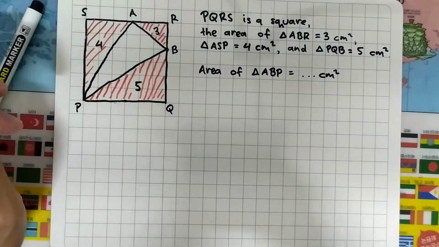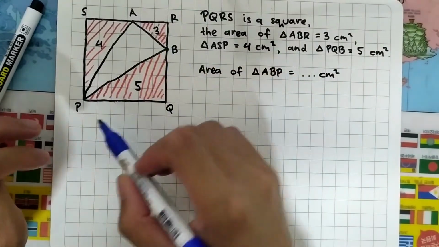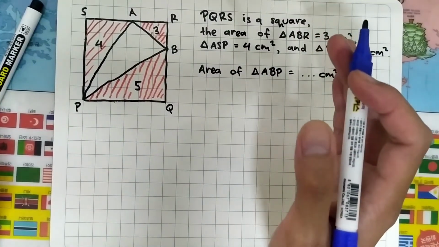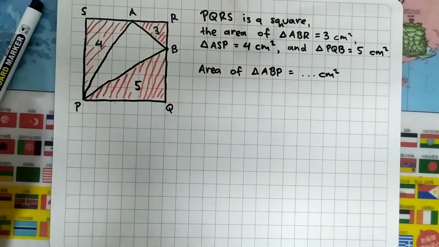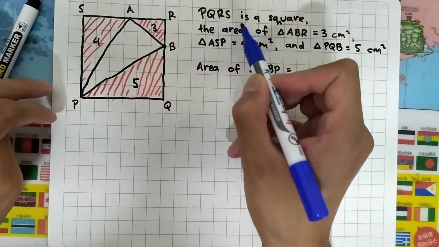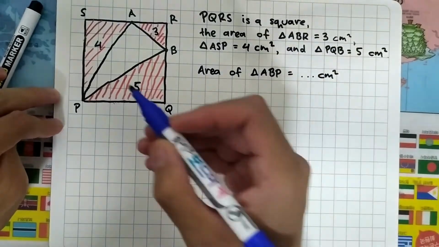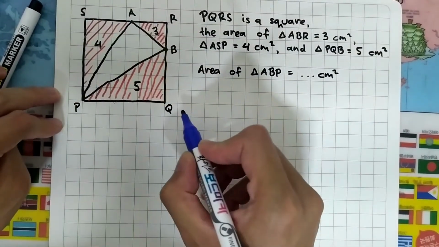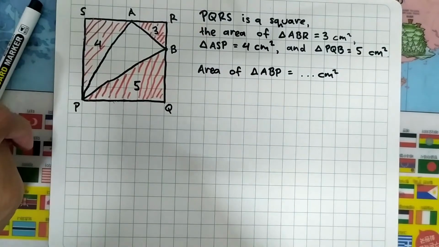So we have to find this area without knowing anything about the sides, but we are given the area of the triangles. And now, because PQRS is a rectangle, I can make this side and this side the same length.